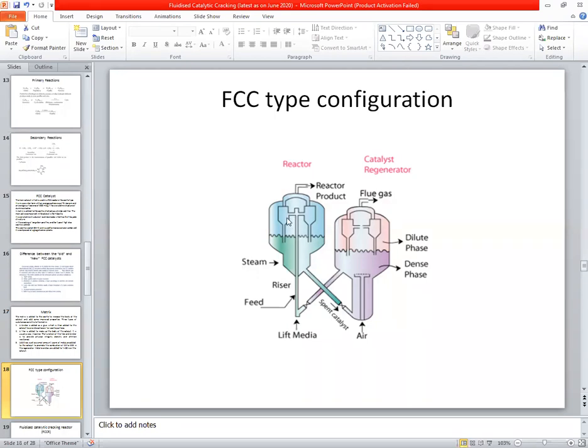In the cyclone, the solid particles go to the bottom and the spent catalyst goes back again to here. See, from the bottom the spent catalyst goes to here. Here we do the regeneration by using air. Why air? Because you have to do the combustion.